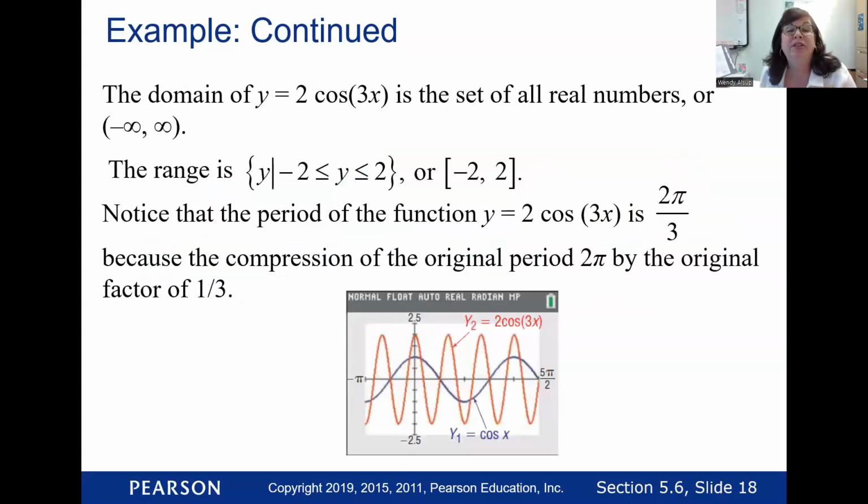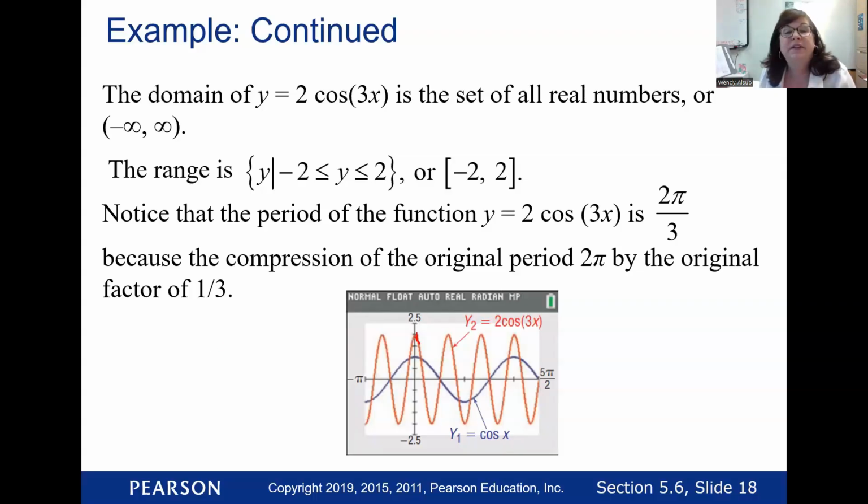If you graphed them right on top of each other, though, you can see it a little bit more clearly. The original blue is the original cosine of x, and the orange on top of it is 2 cosine 3x. Now the amplitude, it's going up and down to +2 and -2, and the period is that it starts repeating.